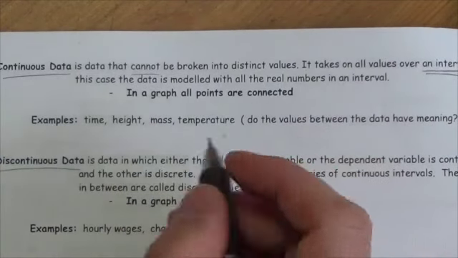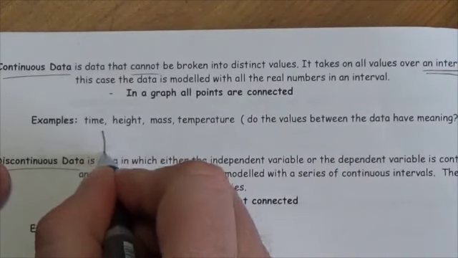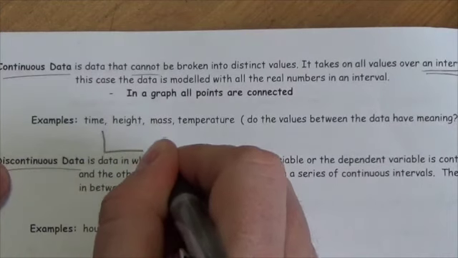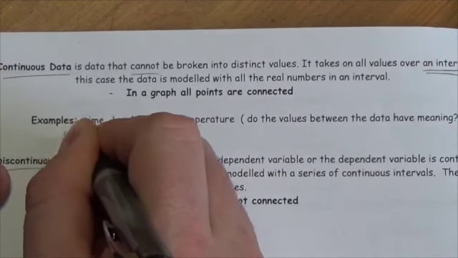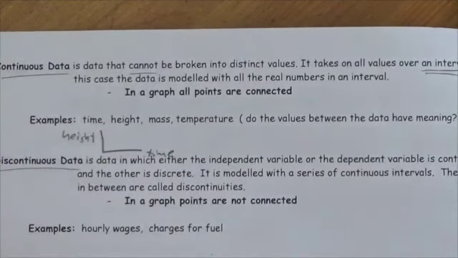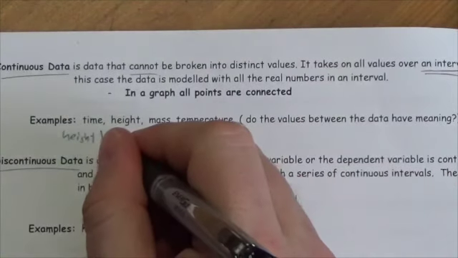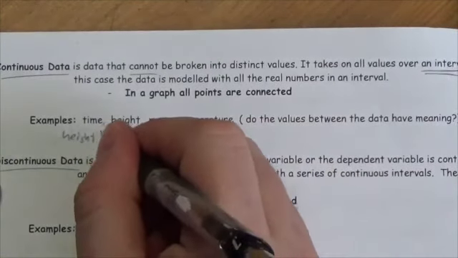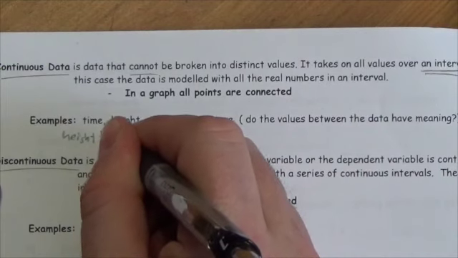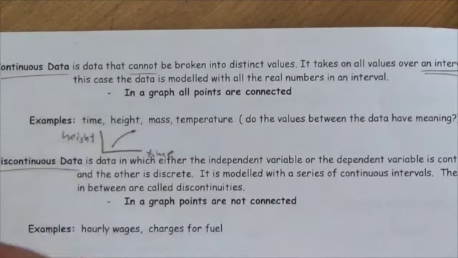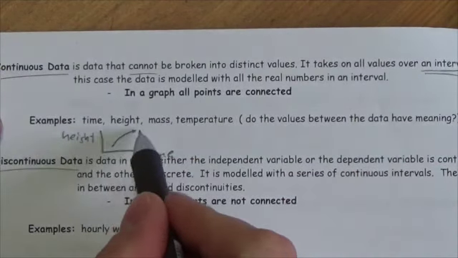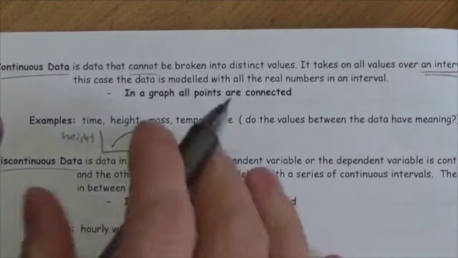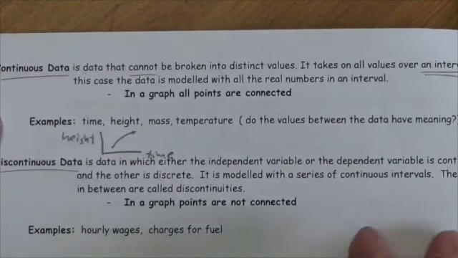So for example, you might have a height versus time graph. What you've got here is maybe somebody growing or some plant growing, whatever. Maybe it grows really quickly to start off with and then levels out here. But the point is, it takes on all values in between those two endpoints. That's what makes it a continuous graph.